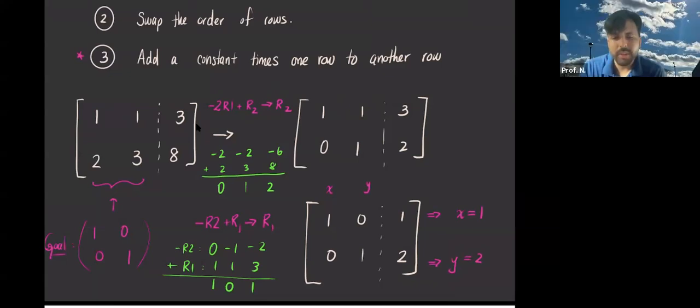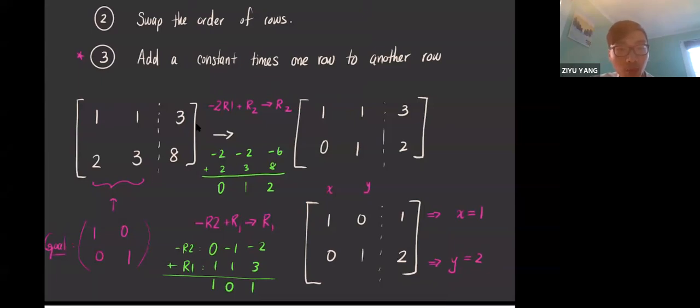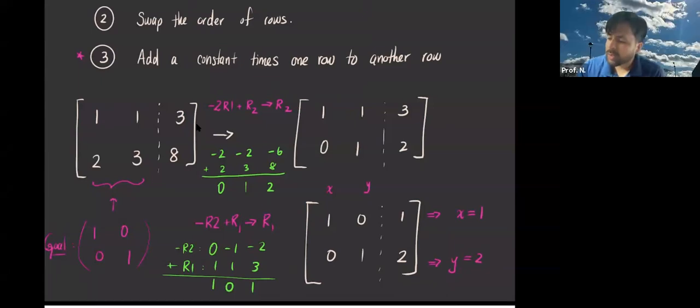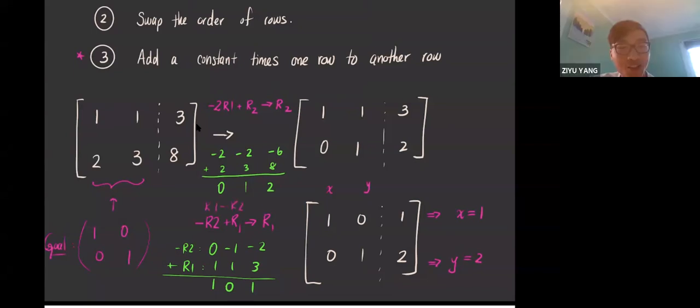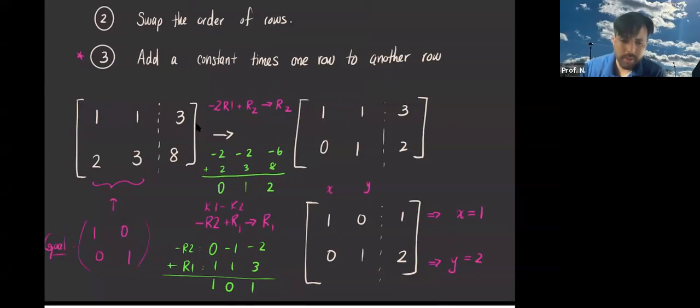R2 minus R1. The thing is, if you do R2, instead of a negative R2 plus R1. Oh, you're talking about just rearranging, like saying R1 minus R2? No, R2 minus R1. Can I do that? Then you come out with a different number, right?